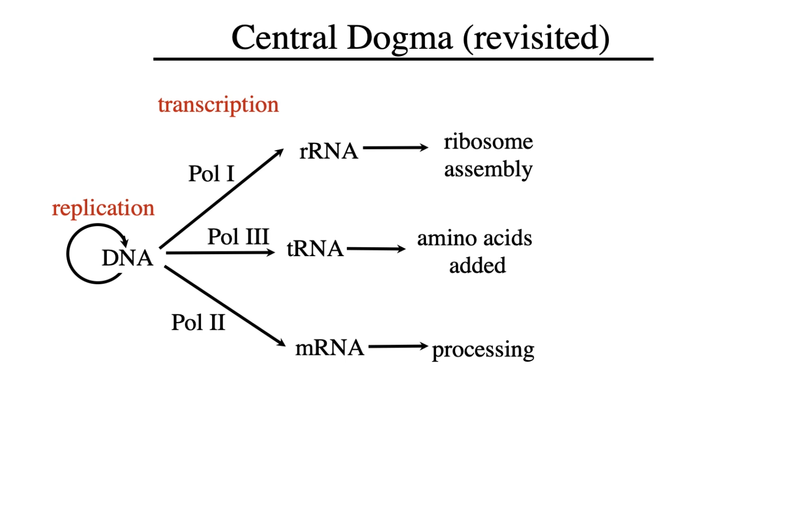And next is processing of the mRNA. So you have addition of a 7-methylguanosine cap, and then introns are spliced out of that mRNA, if there are introns. And then a poly-A tail is also added to the end. And then finally, it's shipped out of the nucleus through the nuclear pores.